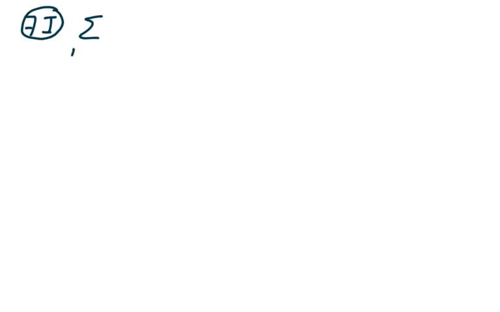Well, suppose we have the summation from n equal 1 to infinity of n squared plus 8 divided by, and in the bottom, we get the cube root of n to the 10th plus n to the 5th.